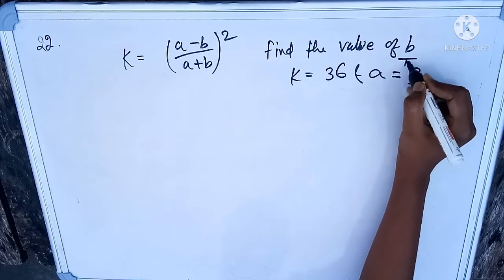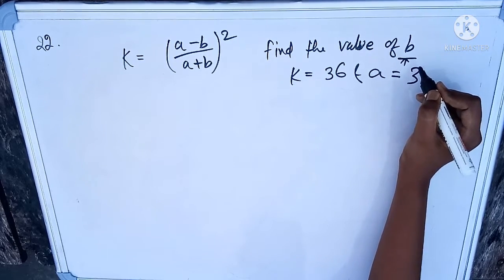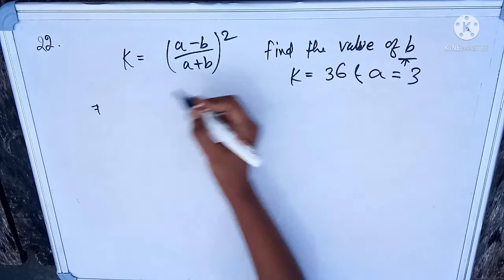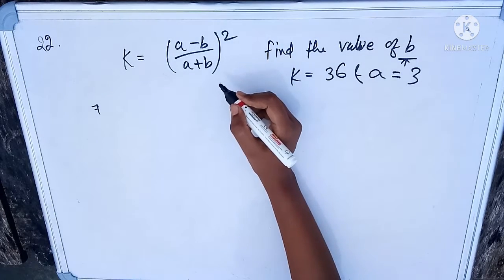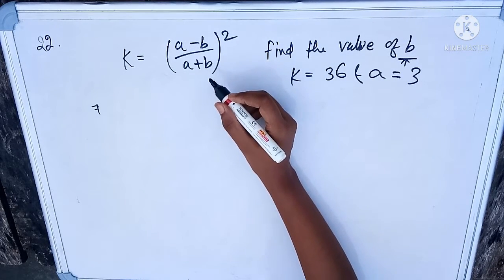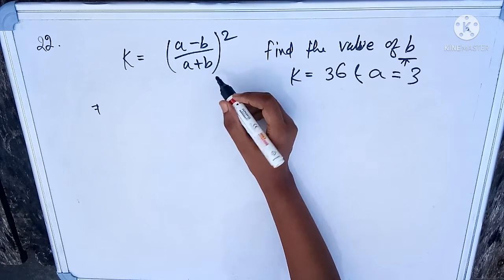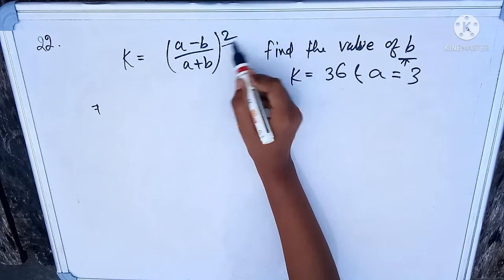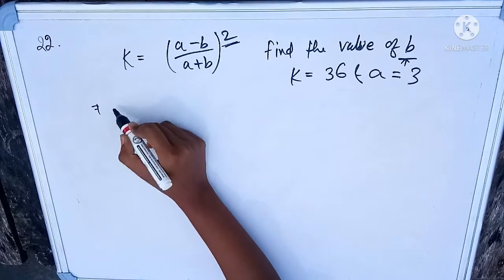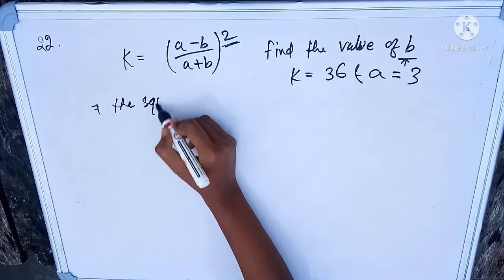Now making b the subject, we have to find the value of b. So you know that for making b the subject, we have to remove all other terms from b to the other side. For that, first we will remove this square by taking the square root on both sides.